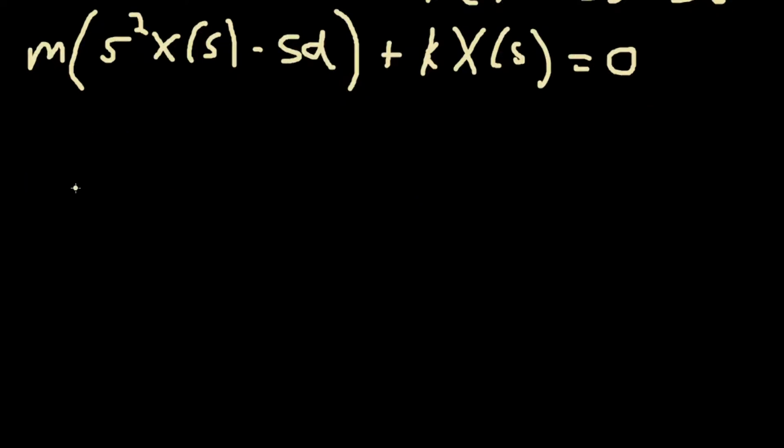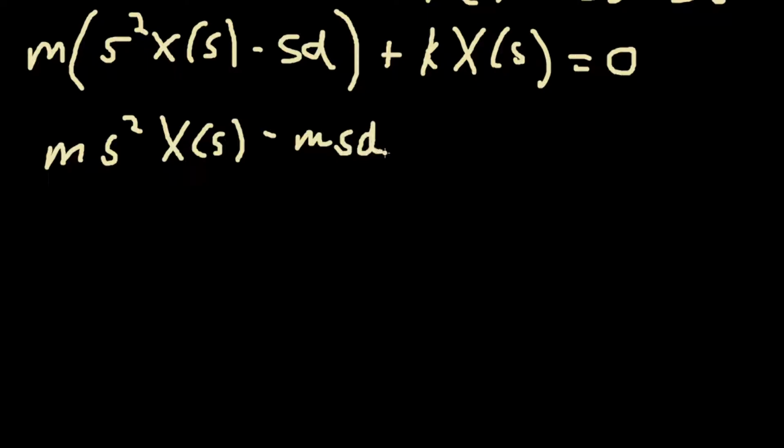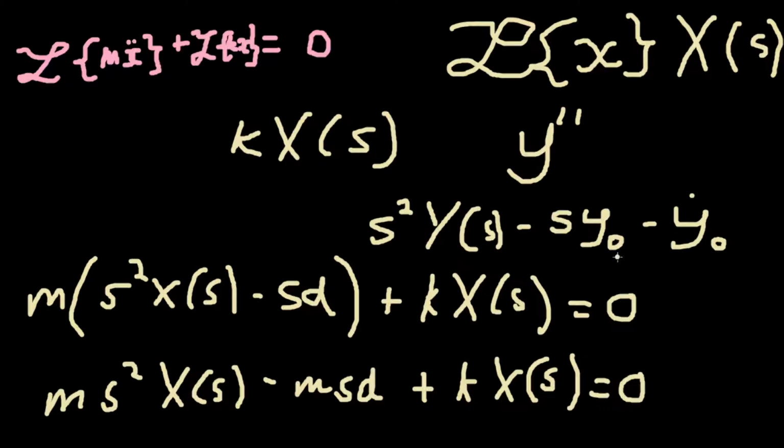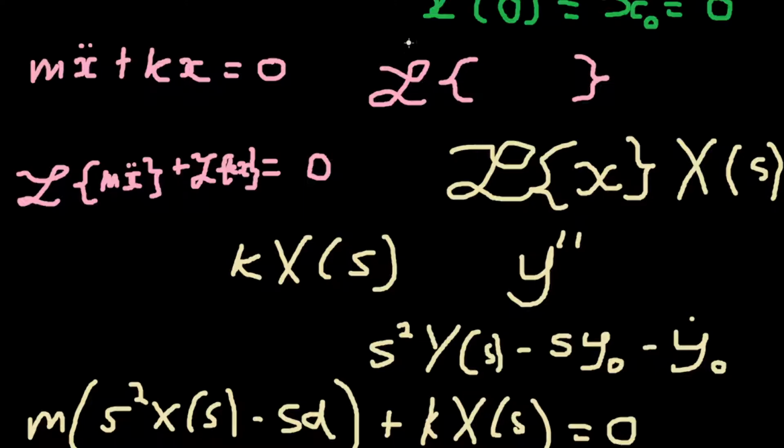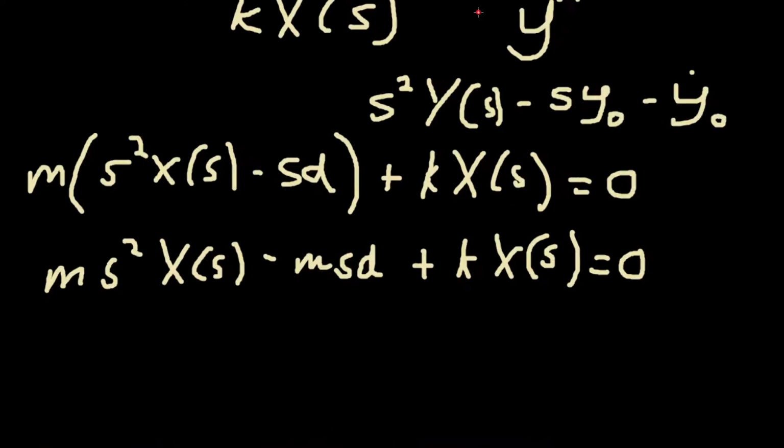We can distribute, we get ms squared times big X of s minus msd plus k times X of s is 0. I wouldn't recommend watching this video, by the way, if you haven't done the Laplace transform yet, because this will look like absolute alien speak, but let's push on.